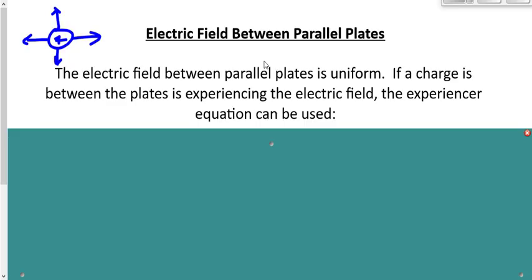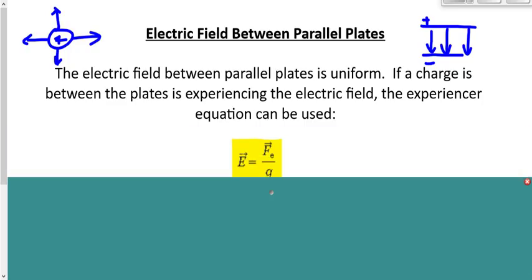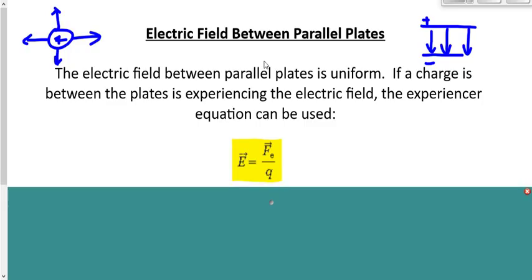Or if we have a uniform electric field, this is new today, where the field lines are parallel because it's between two parallel metal plates or something like parallel metal plates. Either one, we're allowed to use the experiencer equation, E is equal to F over Q. It's sometimes what I call the universal equation. We're allowed to use this experiencer equation no matter what, as long as we have information about the experiencer. Doesn't matter what kind of field we have.